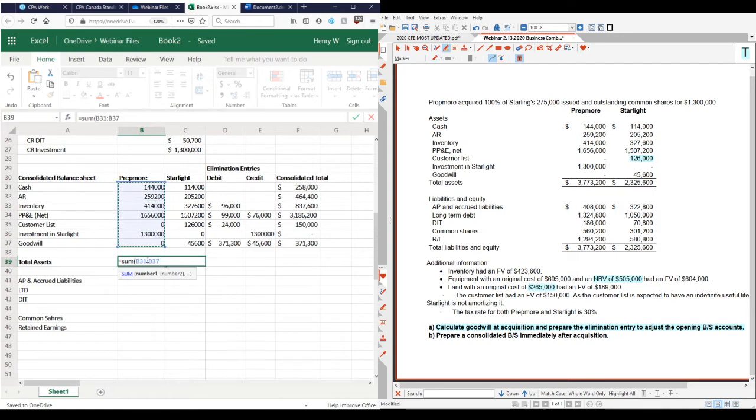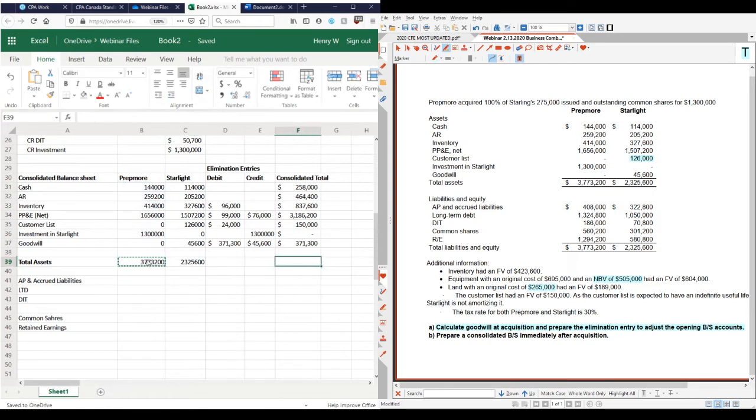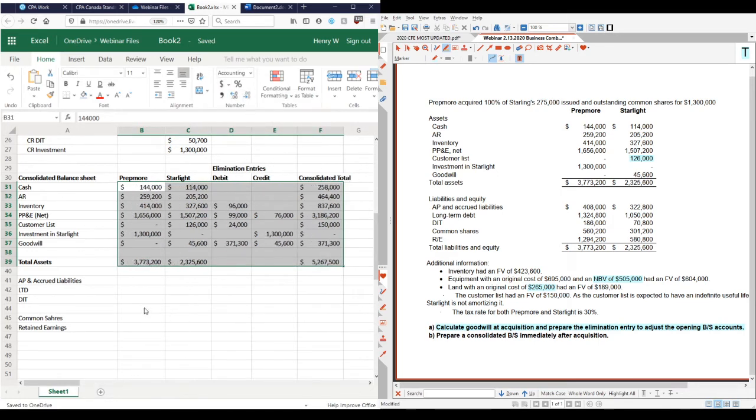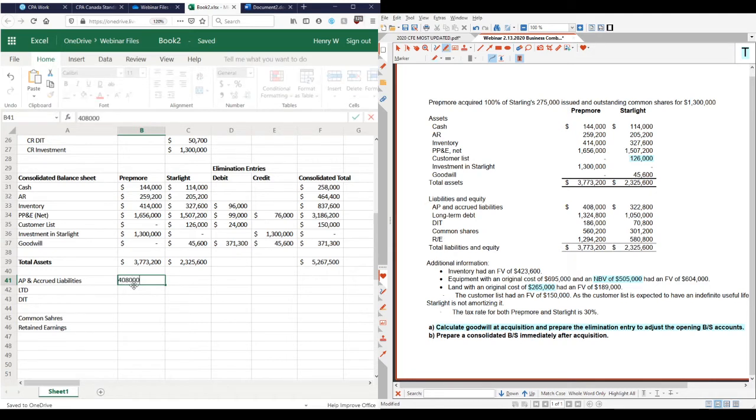It's over here. Okay. So let me just reformat this. Liabilities: 408, 13, 24, 800, deferred income tax, 186,000. Common shares 560,200.